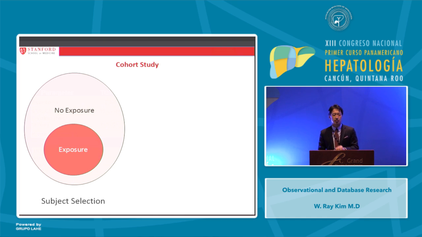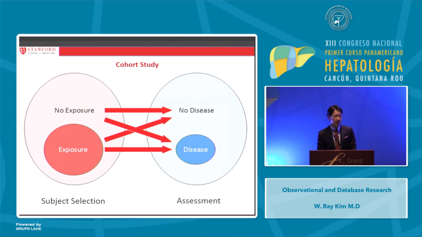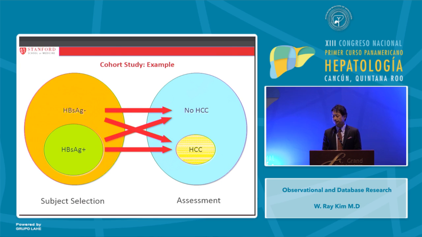So I'm going to talk about cohort study design. Cohort study starts with a big, maybe not so big, patient population, some of whom have the exposure in question and others don't have the exposure. Okay? And then you watch those people over time, and some will develop disease and others will not develop disease. So you get these 4 different paths: exposure, disease, no exposure, no disease, and so forth.